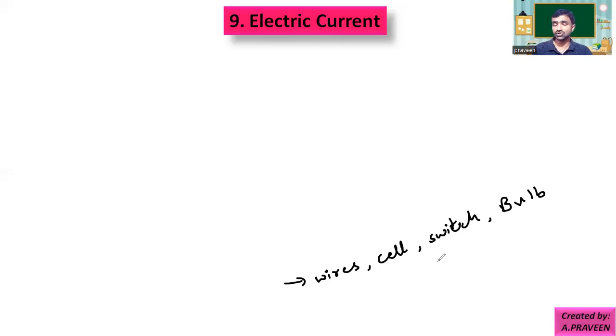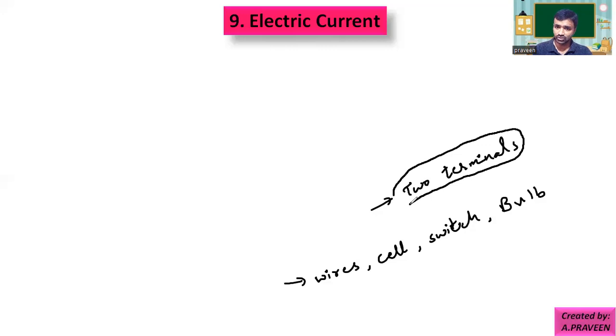In that sequence we will also learn each component of electricity. Each component of electricity has a minimum of 2 terminals. Those 2 terminals are connected in a sequence to make it closed.